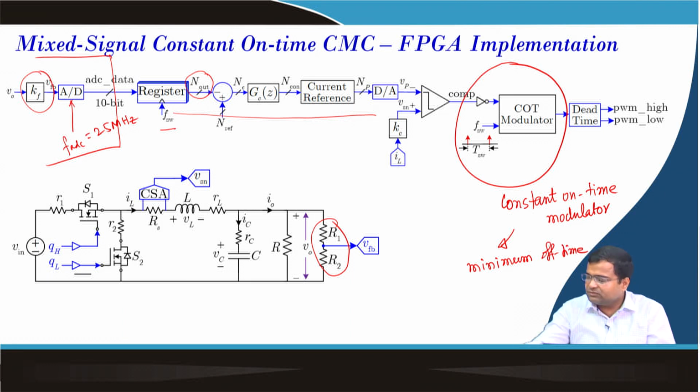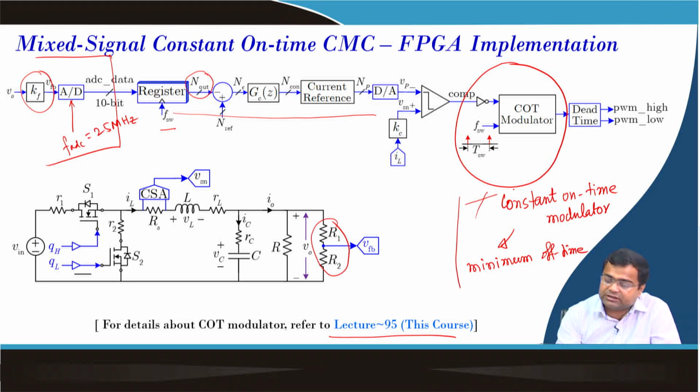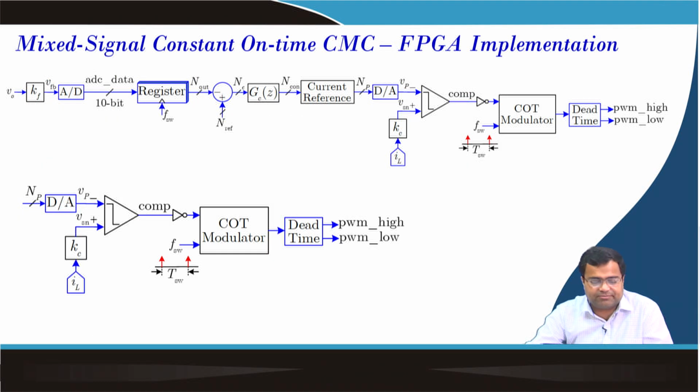Okay. Now, how does it work? If you go to our lecture number 95, we have already discussed in detail how to implement constant on time with minimum off time using Verilog code, and then we have also synthesized it for FPGA prototyping. So, we have already discussed that in lecture number 95.